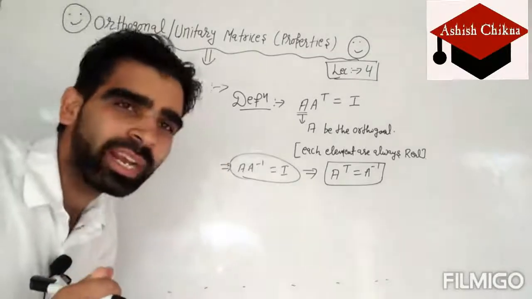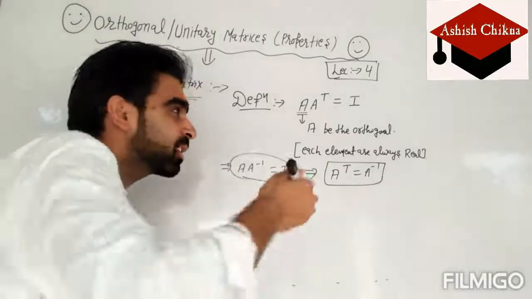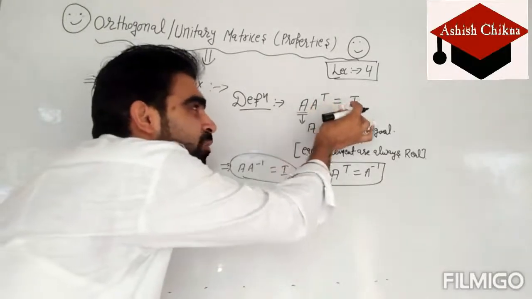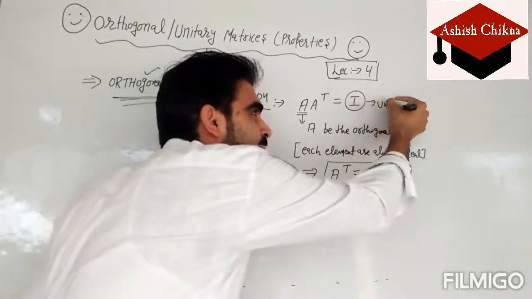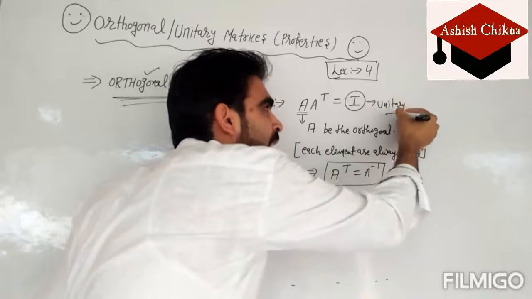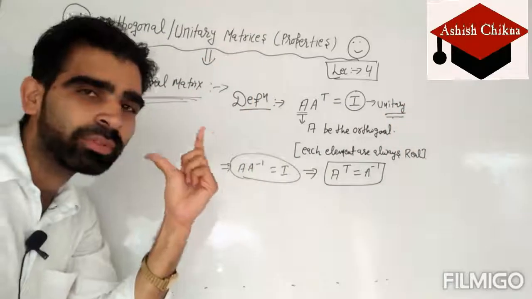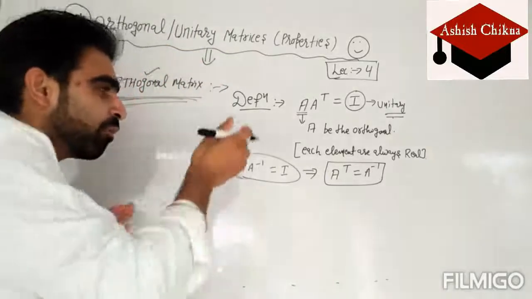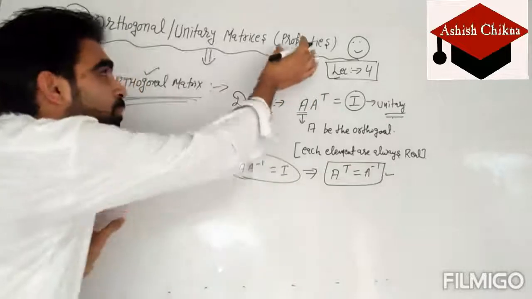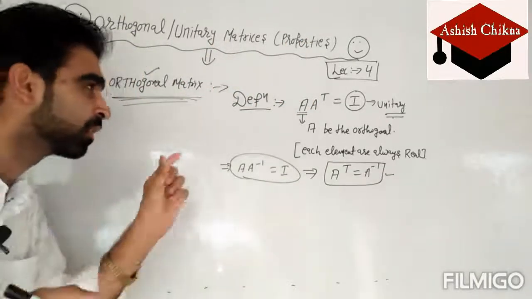Orthogonal matrix is a very important term. We have discussed A transpose A is equal to I, where I is the identity matrix. Then we will study the properties of the orthogonal matrix.